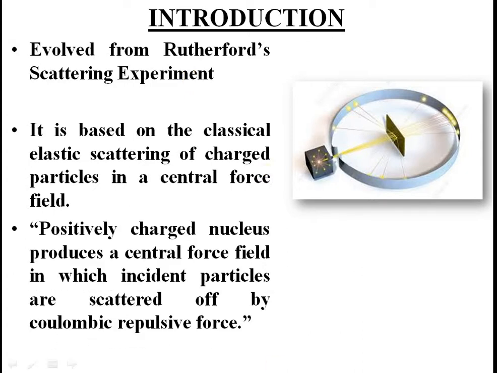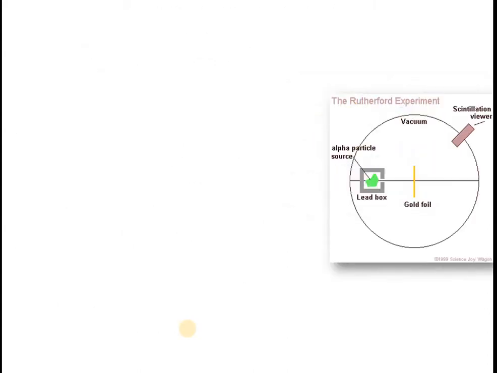The positively charged nucleus produces a central force field in which incident particles are scattered off by the Coulombic repulsive force. That is the basic thing. Essentially the force is Coulombic, and that too in the repulsive mode, because the incident projectile is a positively charged particle and the target nucleus is positively charged. So there is a Coulombic repulsive force.